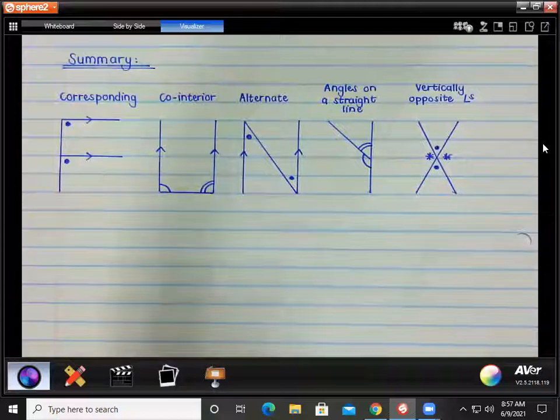So only for the first three do you need parallel lines, and for the other two, they must just be straight lines.